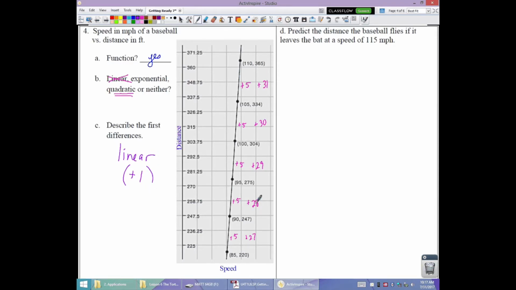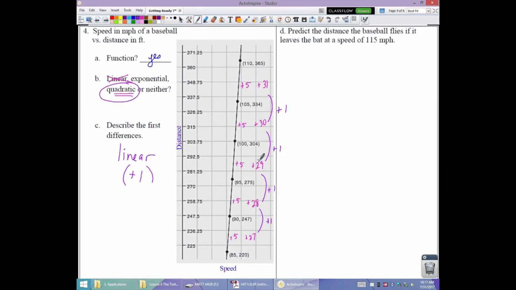Those first differences are linear, that makes it quadratic. Now, we have also went ahead and looked at the second differences. This would be up 1, up 1. So remember, quadratic is either that the first differences are linear, which we see here, 27, 28, 29, 30, 31, or that the second differences are constant, which we see with a 1.